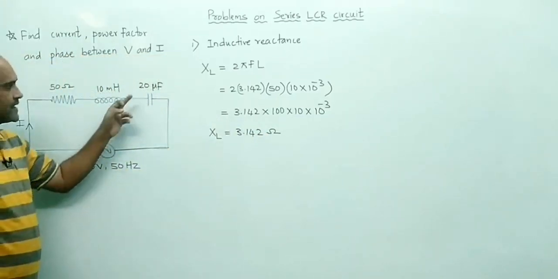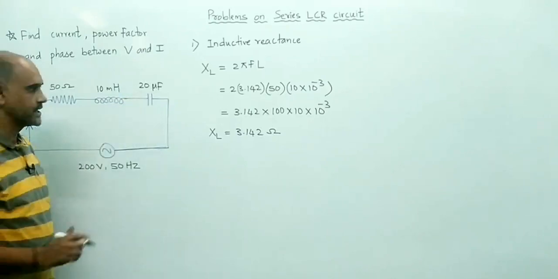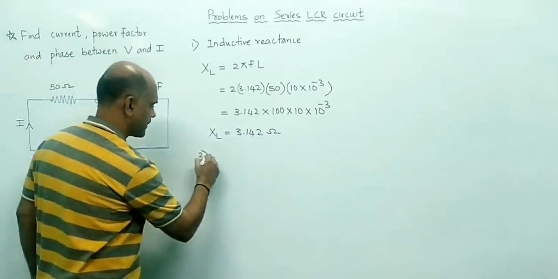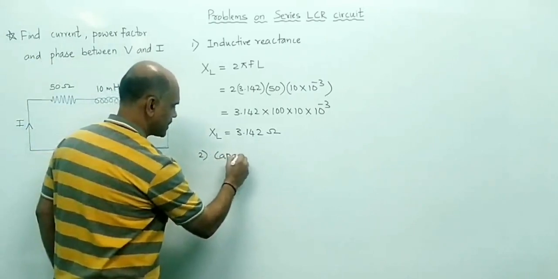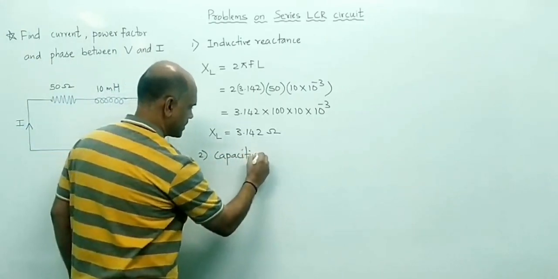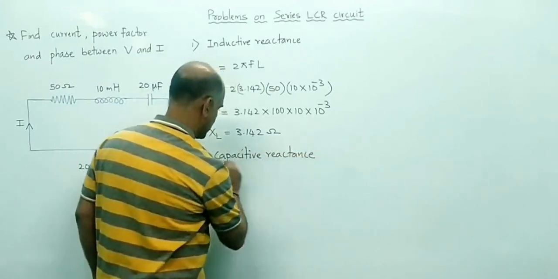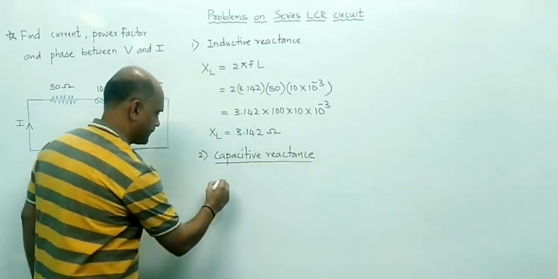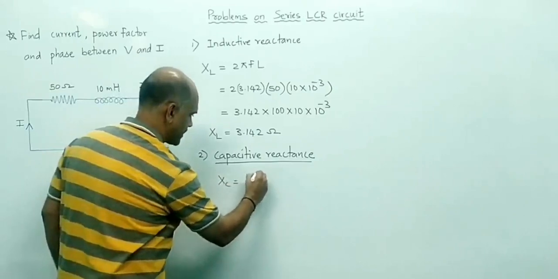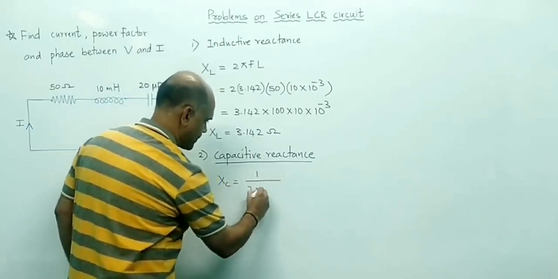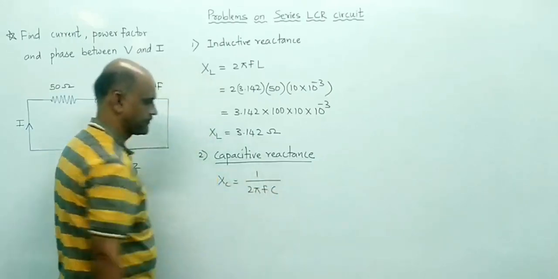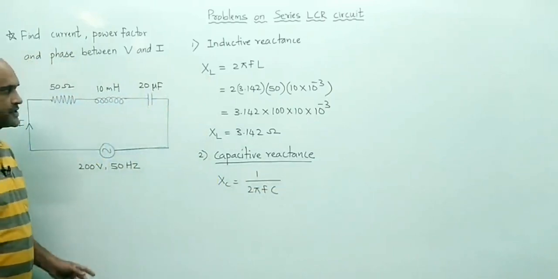Now second, we will calculate capacitive reactance. So XC is given by 1 by 2 pi F into C. So I will substitute the values again.